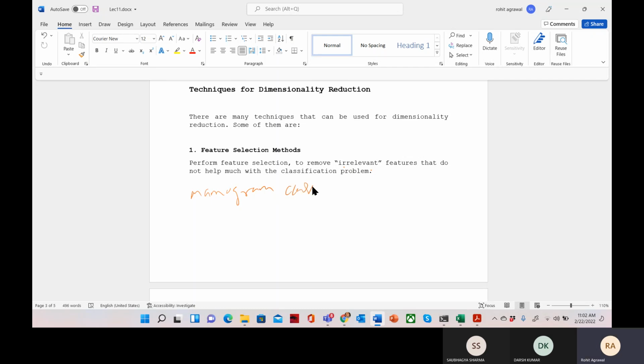Mammogram classification. Mammograms are X-ray images. Do you know this? Yes, sir. Suppose you are having thousands of mammograms, and each mammogram is 128 by 128 size.